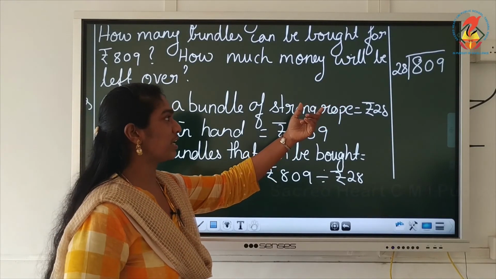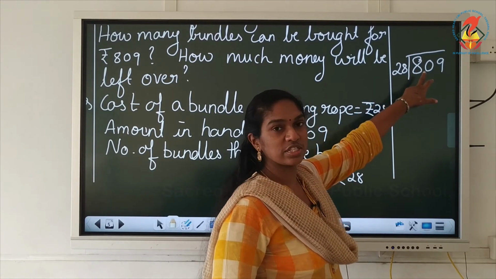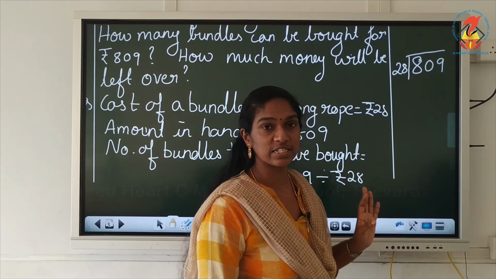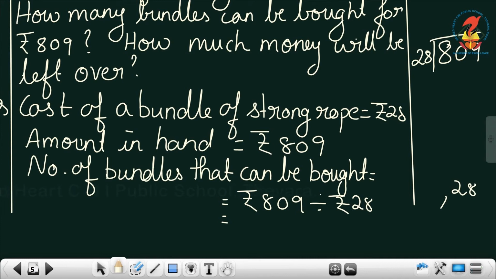Find out from 28's table. Take the first digit 2. In 2's table, where will you get 8? 2 4's are 8. So, try what is 28 into 4. 4 8s are 32, carry 3. 4 2s are 8, plus 3 you get 11, which is more than 80. So you can't go for 28 into 4.